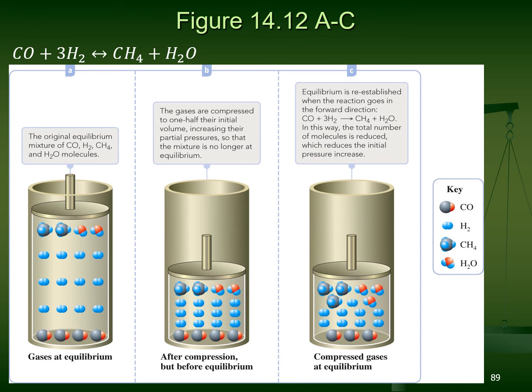Here in B we compressed it, and then it gets back to equilibrium, and notice that there's 1 more CH4, 1 more H2O, and 3 fewer H2 and 1 fewer CO. So the equilibrium has shifted to the right to balance out the gas pressure.